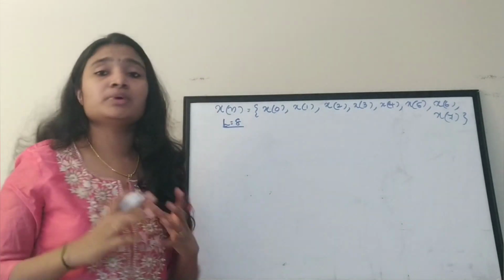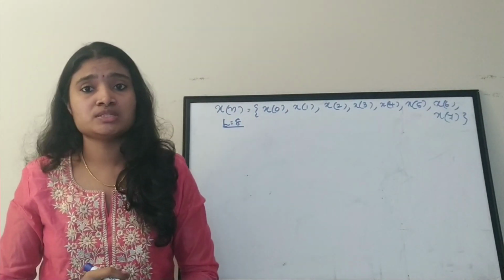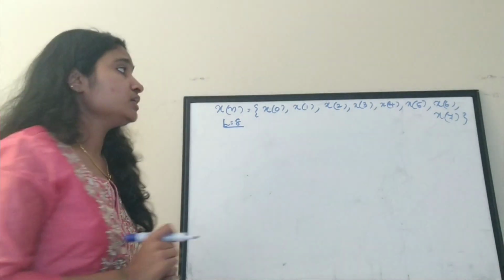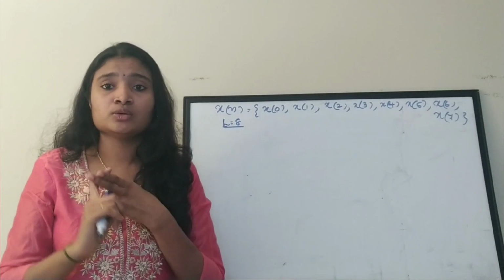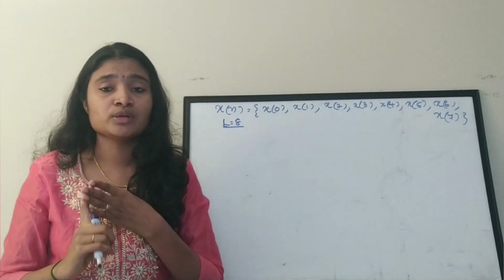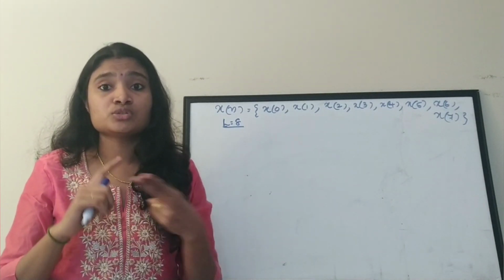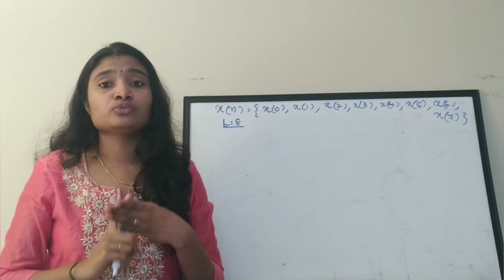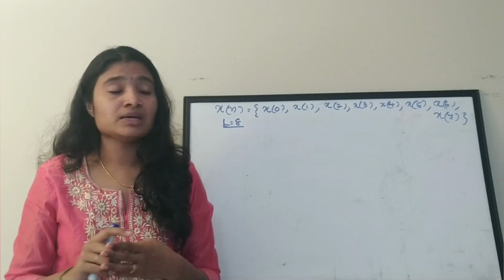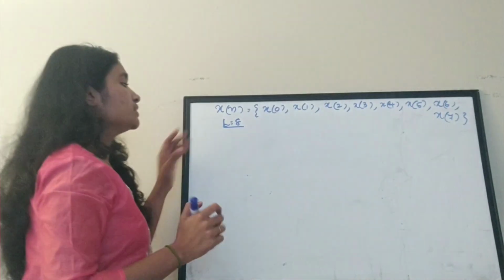Now I'm going to draw the butterfly diagram for decimation in frequency FFT, that is DIF FFT. So let's see. For the earlier cases, for the length equal to 2 input, we drew 2 parallel lines. For the length equal to 4 input case, we drew 4 parallel lines. So for the length equal to 8, what will we do?